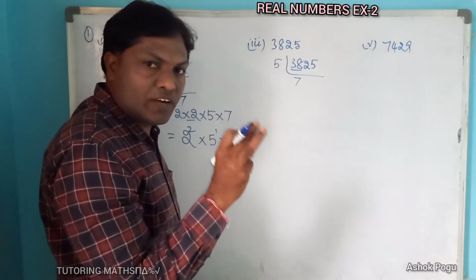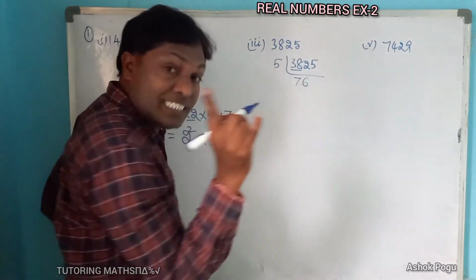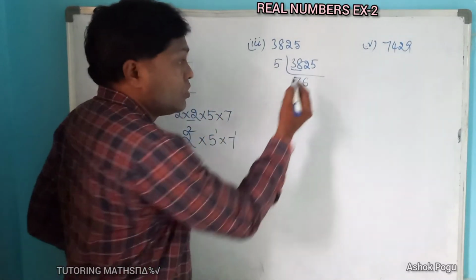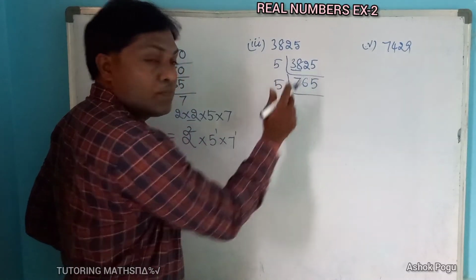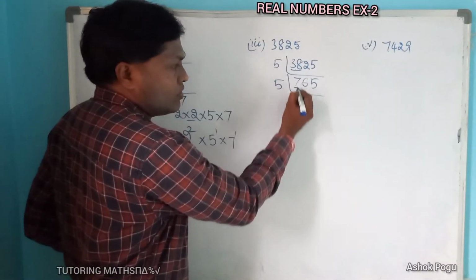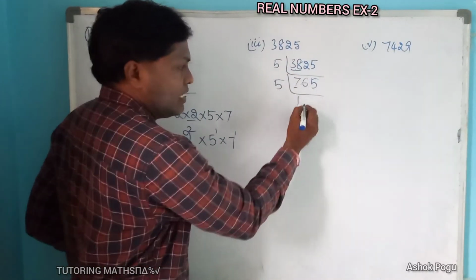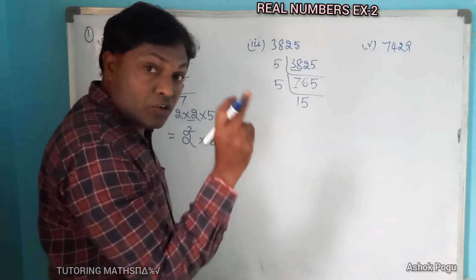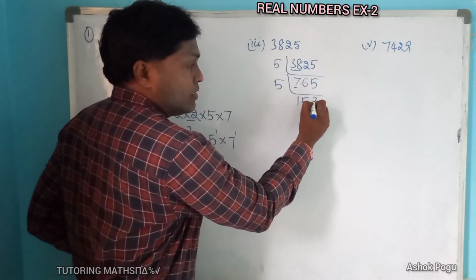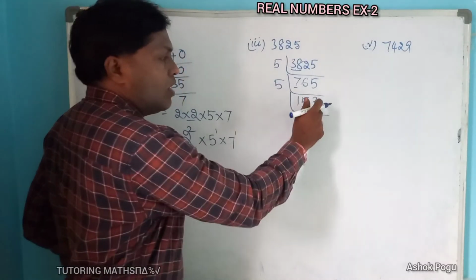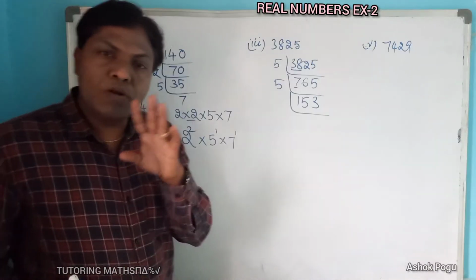Out of 38 we have got 35. 3 is left, 32. 5 6s are 30. 2 more is left, 25. 5 5s are 25. Now once again by 5. 5 1s are 5. 2 is left, 26. 5 5s are 25. 26 minus 25 is 1, 15. That is 5 3s are 15. Now the last digit is not 0 or 5, so it is not divisible by 5.